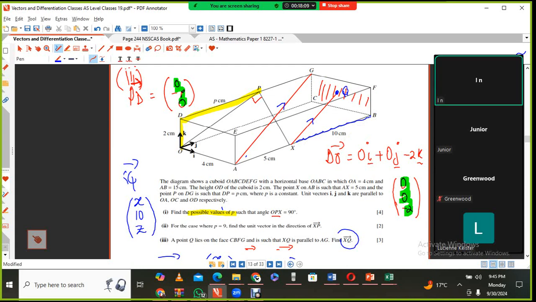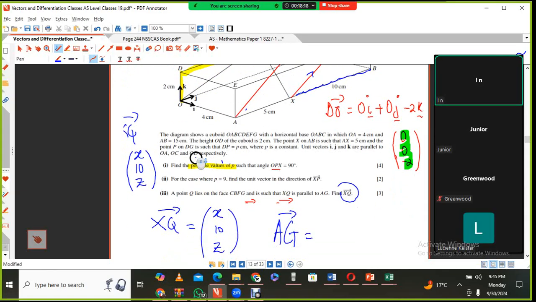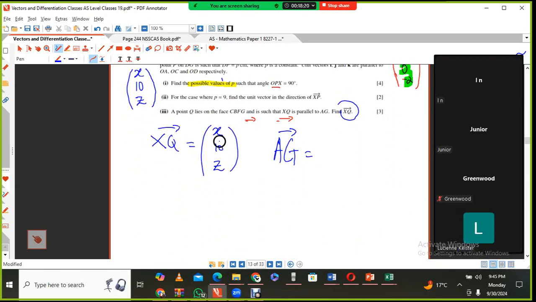And then 2K, and 4. Minus 4, because we are going against. Yeah. Okay, so it's 15J plus 2K minus 4I.